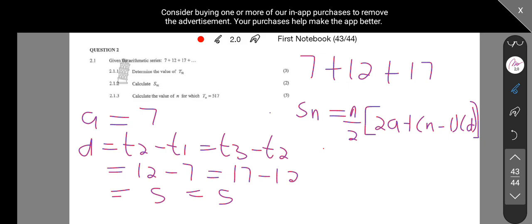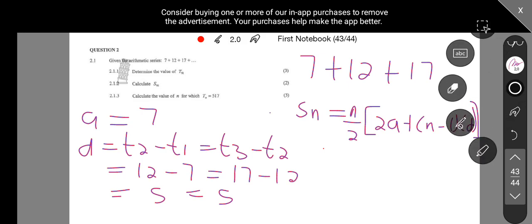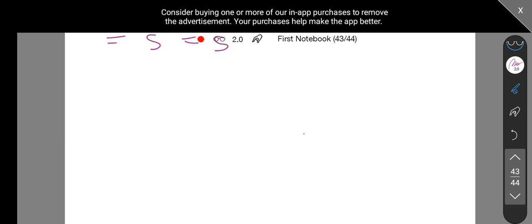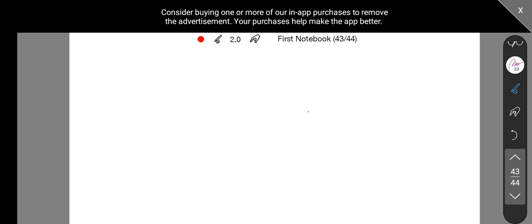So we can go further and calculate S91 and S90. Because we say that T91 is equal to S91 minus S90. So let's have some space here. We're going to say that S91 is equal to n over 2, that is 91 over 2, multiplied by 2 times the first term.